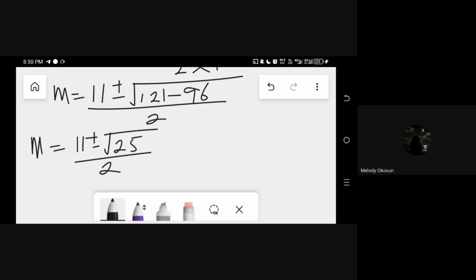So when you get here, you can then have m is equals to 11 plus or minus square root of 25, which is 5. So 11 plus or minus 5 over 2.